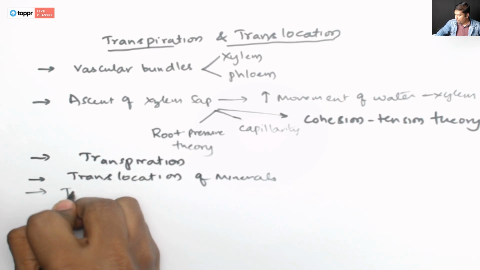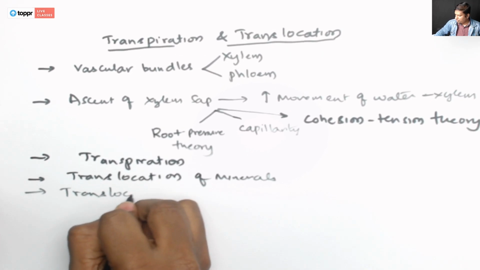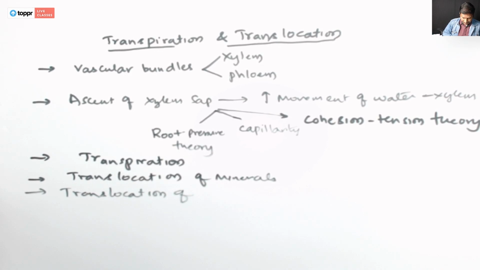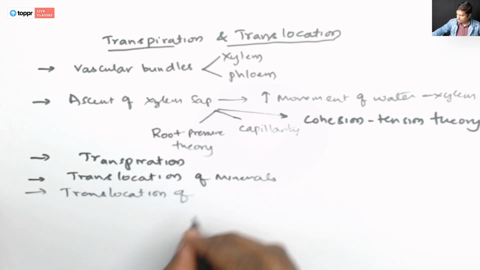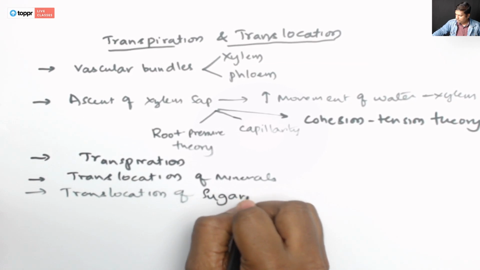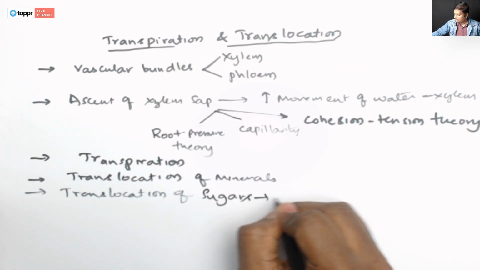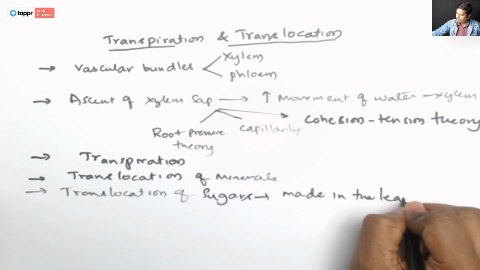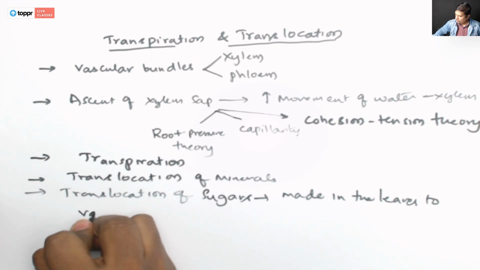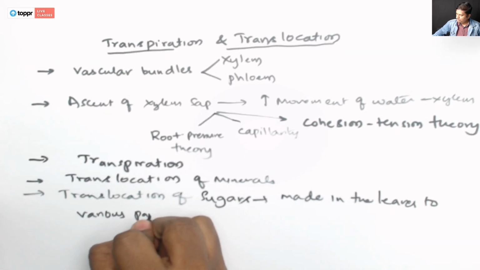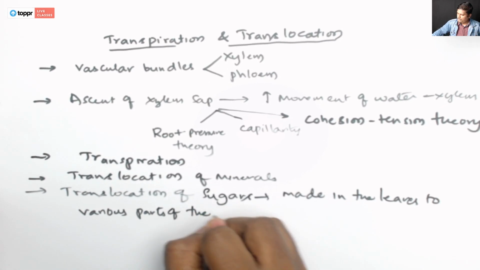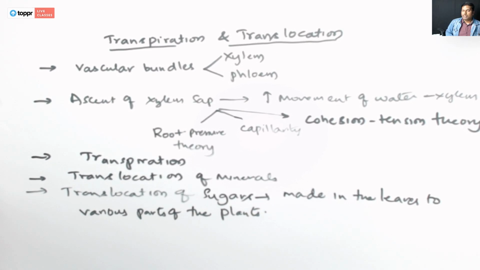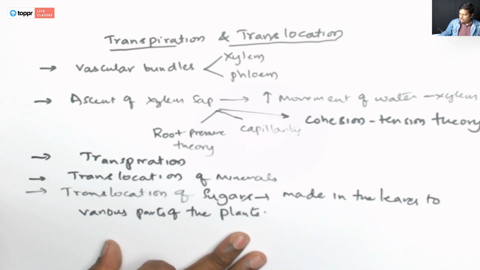And finally we'll look at the translocation of sugars, sugars made in the leaves to various parts of the plants. Okay, so these are the things which we'll cover today.